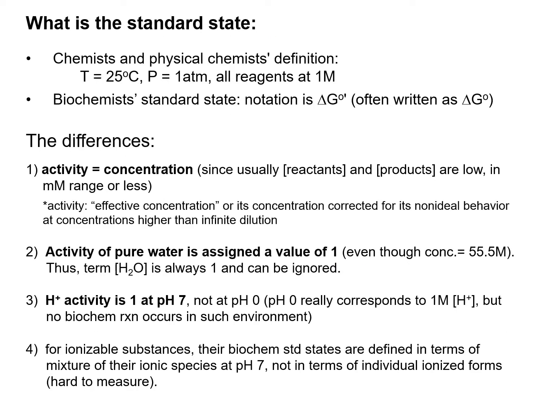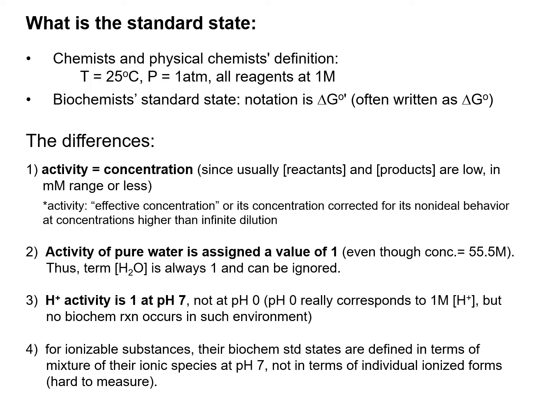And then we talked about the standard state, whose meaning is different in chemistry and biochemistry, where biochemists modify the standard state a little bit and also use the notation delta G naught prime instead of just delta G naught. But in biochemistry, we can just drop the prime too.